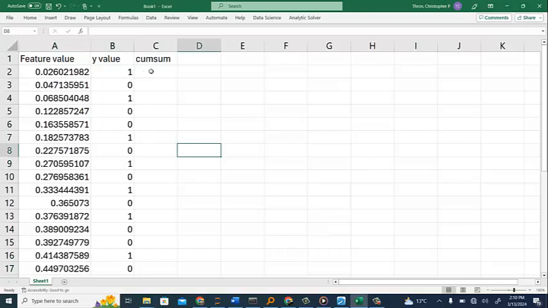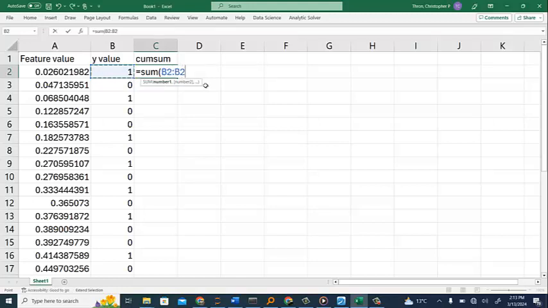Now, I want to take the cum sum. So what is the cum sum? Cum sum is the sum beginning at the first value up to the current value. Now the way to do this in Excel is to use the sum function, and I start with the first value. Since I want this value to remain fixed, I'm going to hit F4, which makes it a fixed value.